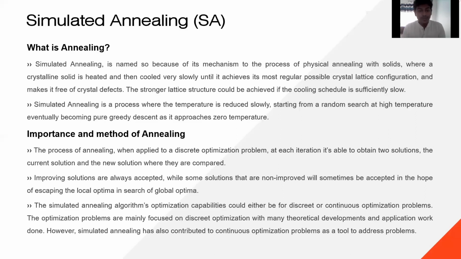Also, improving solutions are always accepted, while some non-improving solutions will sometimes be accepted in the hope of escaping the local optima in search of global optima. Also, simulated annealing is not only for discrete optimization problems, it has also been applied to continuous optimization problems.